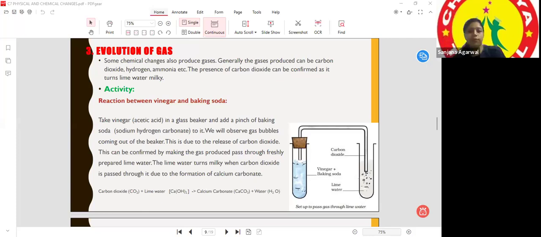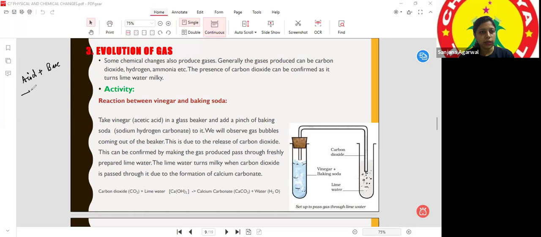So next is the evolution of gas. Basically, in evolution of gas, the basic reaction is when you combine any acid with any base.